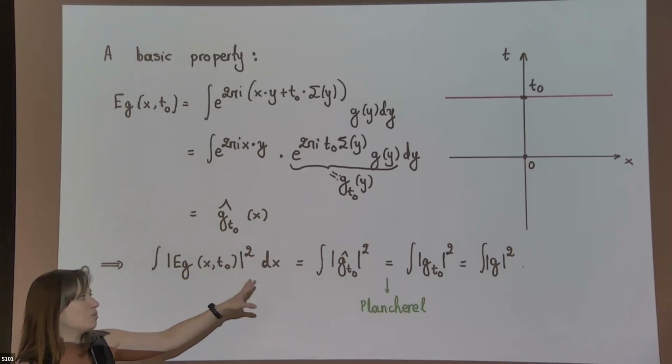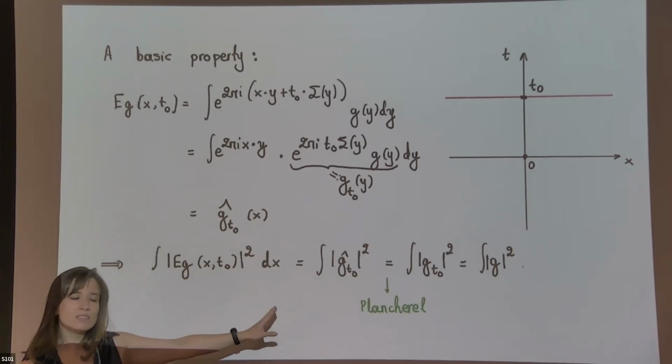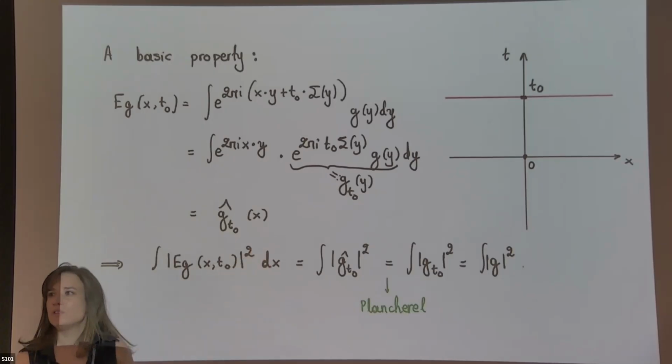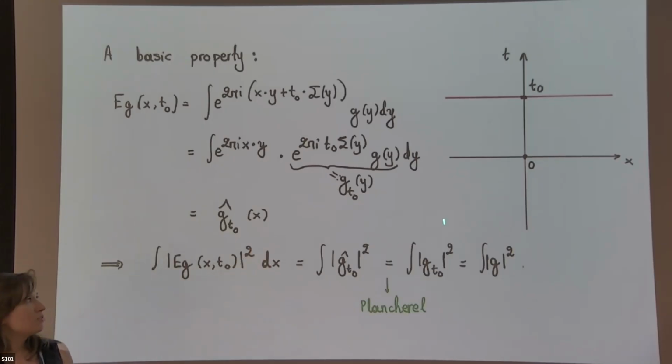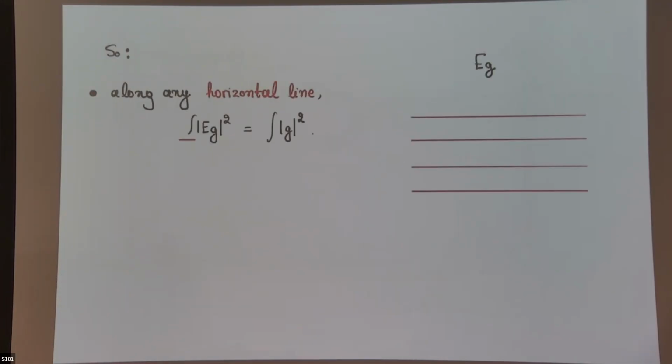By Plancherel's theorem, you can lose the hat. So you're looking at the two norm of this modulation, and the modulation of g has the same modulus everywhere as g itself. So you always get the same two norm as the initial data, no matter what horizontal line you integrate at. So for every horizontal line, you have an explicit formula for the two norm.